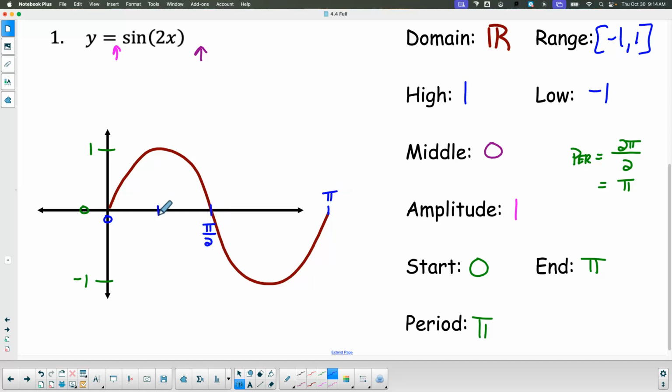Halfway there would be pi over 4. Yep, you are correct. Be confident. And the average of those two, or halfway between pi over 2 and pi, 3 pi over 4. Yep. And there's your graph.